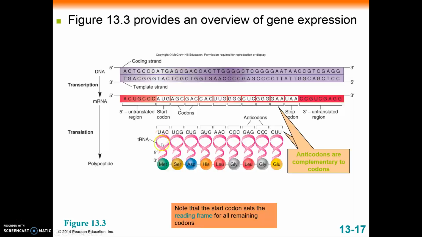This would bring in methionine with it. The next codon, this transfer RNA, would bring in serine with it. So each anticodon is coupled to a specific amino acid. This is how reading messenger RNA and consequently reading the gene gets translated into an amino acid sequence.